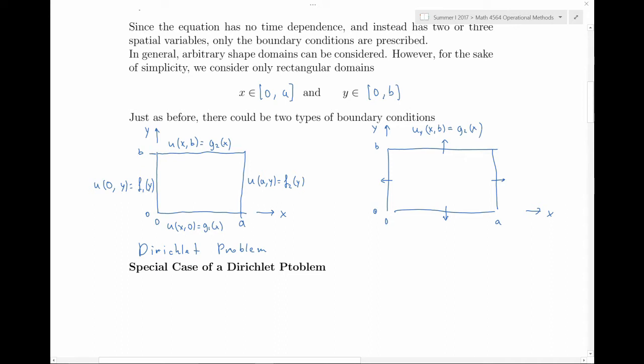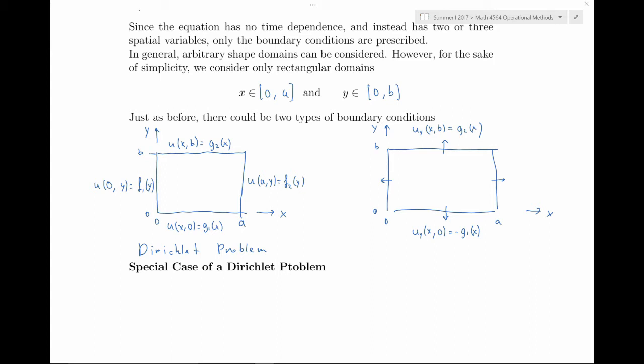And for the lower boundary, we're still talking about the partial derivative with respect to y, but it's prescribed as a negative function.